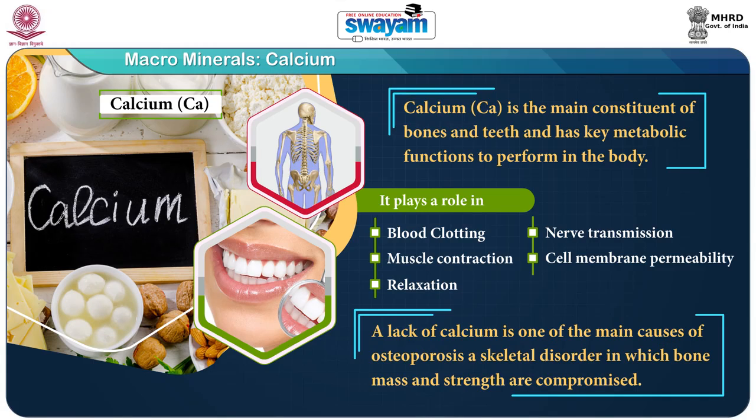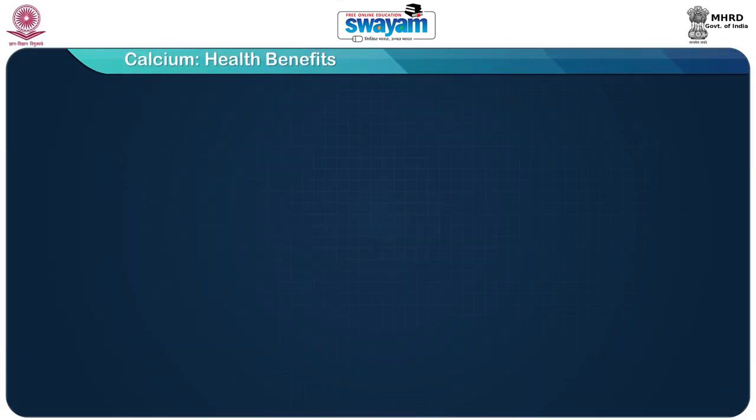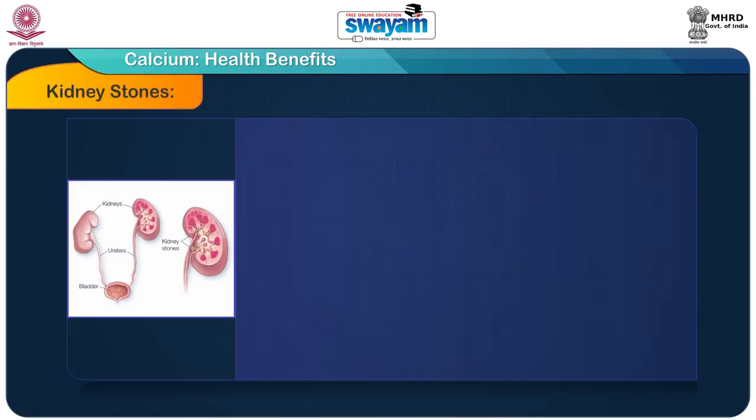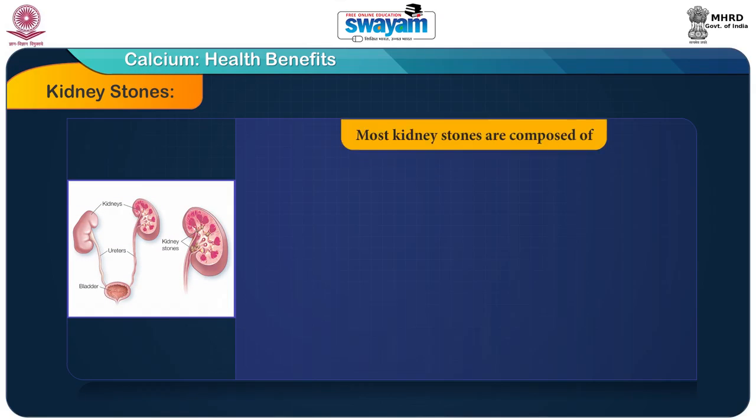strength are compromised. Now, with this brief introduction on the physiological role of calcium, let us see what are the health benefits which research has put before us. The first one is the relation of calcium and kidney stones. Most kidney stones are composed of calcium oxalate or calcium phosphate.